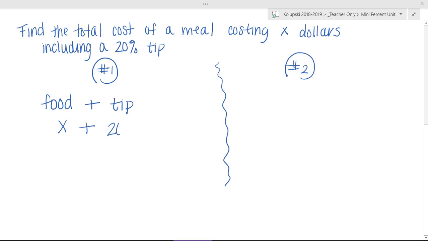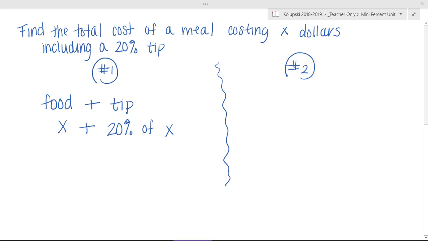Now, the tip is 20%, but it's 20% of the cost. Depending on the cost of the food, the tip is either going to be bigger or smaller. The more food we buy, the larger tip we'll have to leave. The less food we buy, the smaller the tip. So this will change depending on that value.